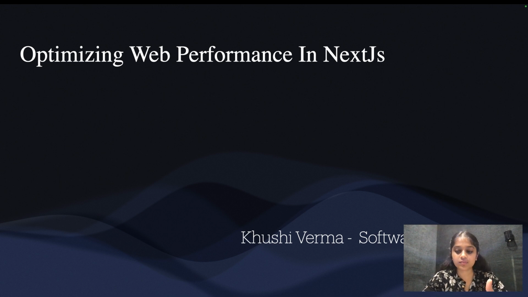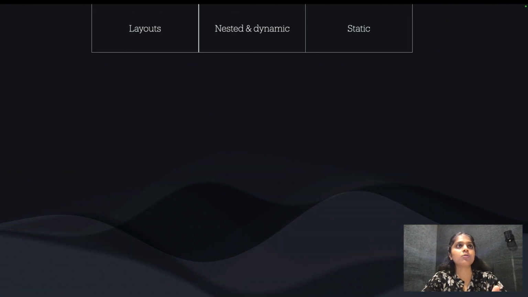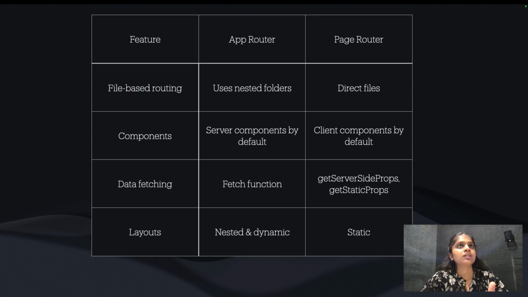After this I'll be talking about the two types of router it has, and depending on our use case we can prefer whichever is good for us. The first one is the app router and the next one is the page router.